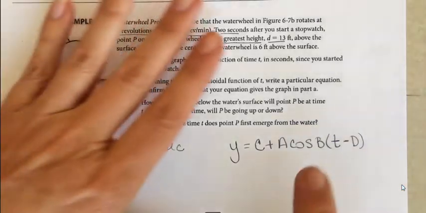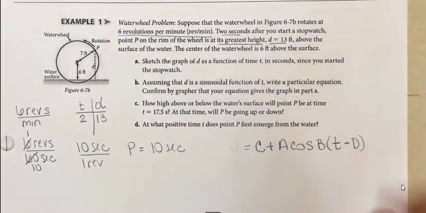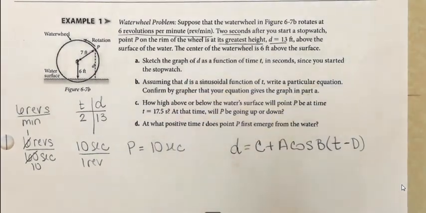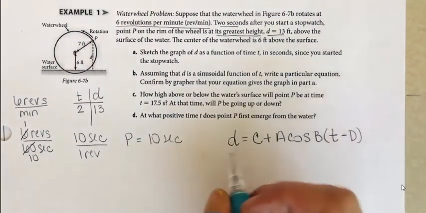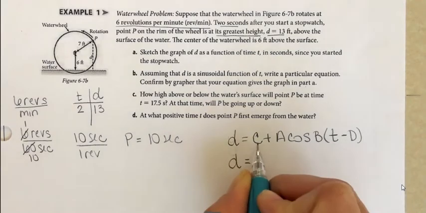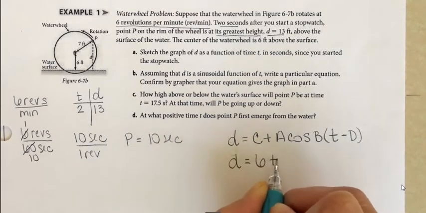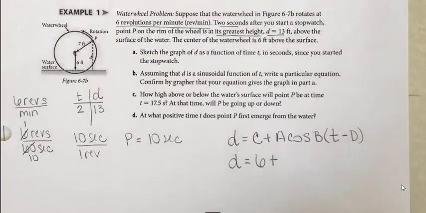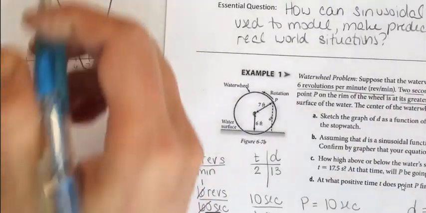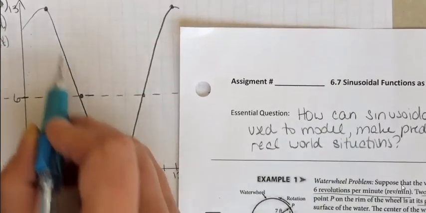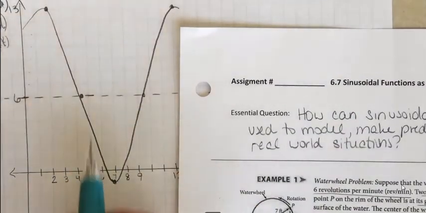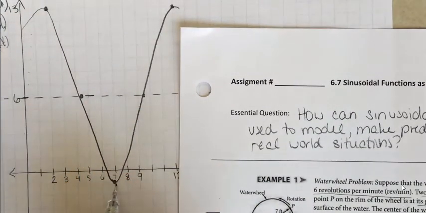Actually, we're using distance instead of y. Otherwise, I just plugged in everything that I usually use. So our midline was at 6. Our amplitude, well, that went up 7, because my radius was 7. So from 6 feet, I went up 7 to get to my highest point, which was 13, or down to my lowest point, which was -1.